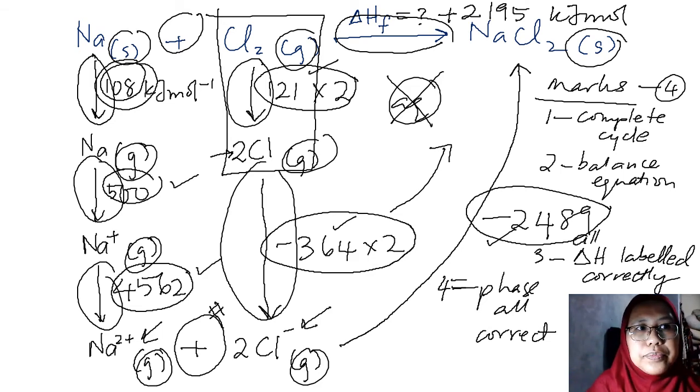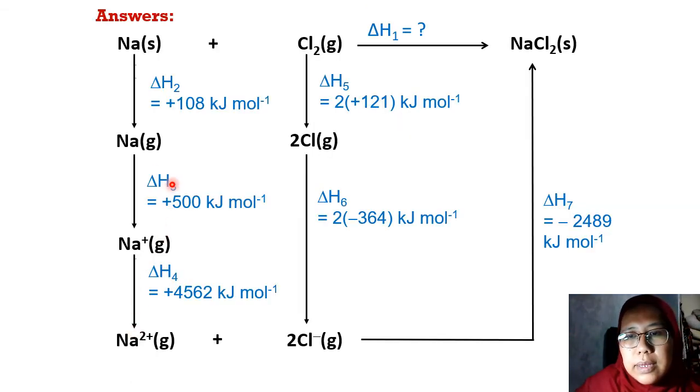Okay, here is a proper Born-Haber cycle which we typed last year. Sodium solid plus Cl2 gas becoming NaCl2 solid. So you can just refer to this diagram as the answer.